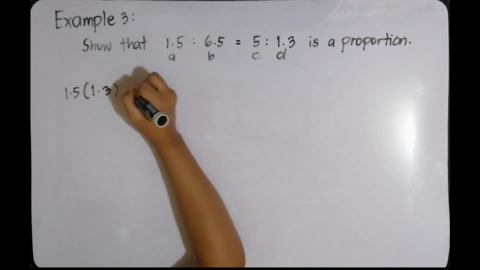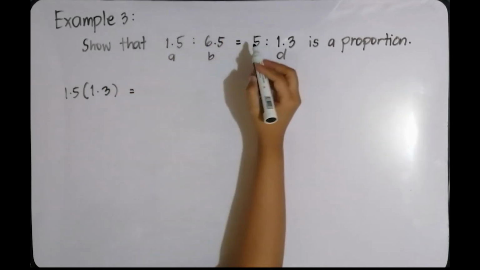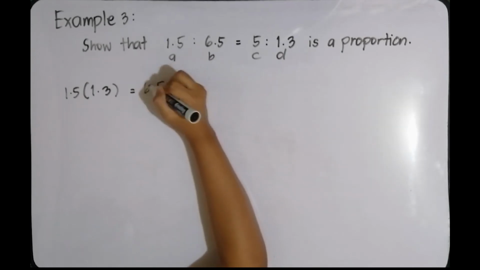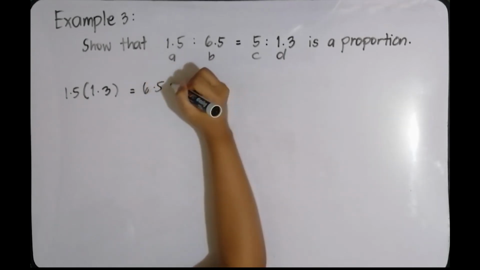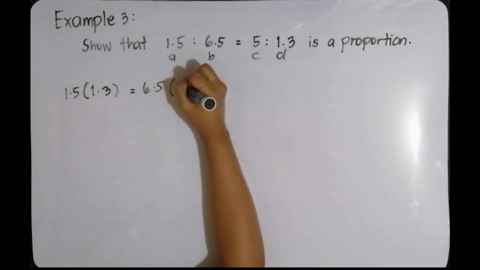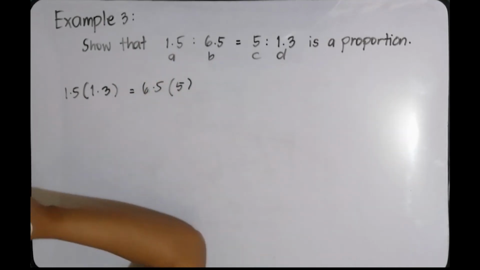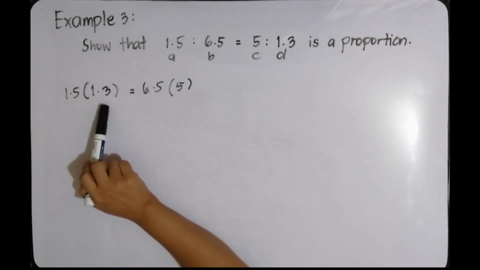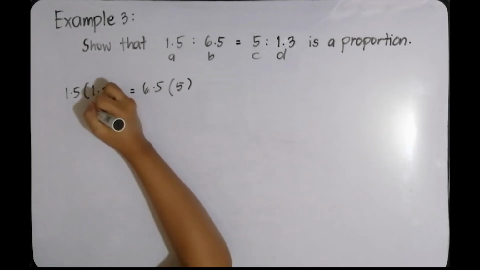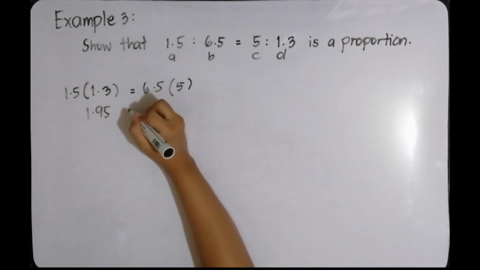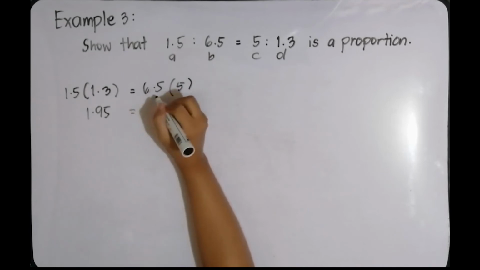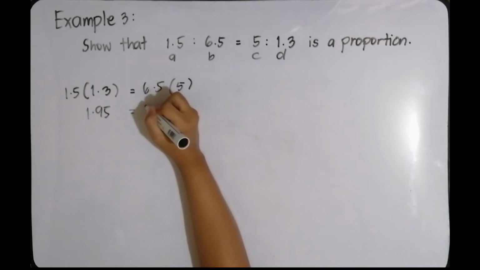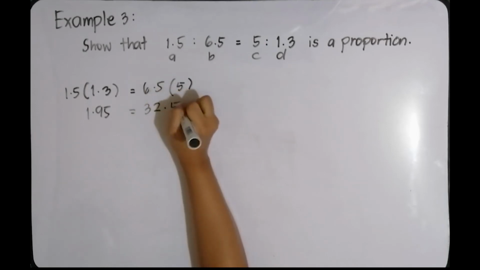Equals 6.5 multiplied by 5. So get the product. 1.5 times 1.3 we have equals 1.95. Then for the means we have 6.5 multiplied by 5, that is equal to 32.5.